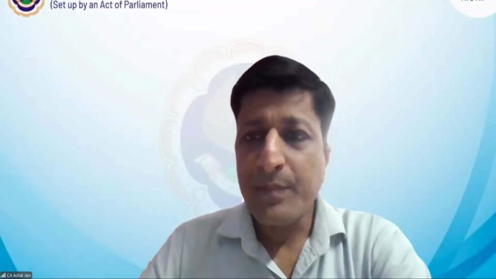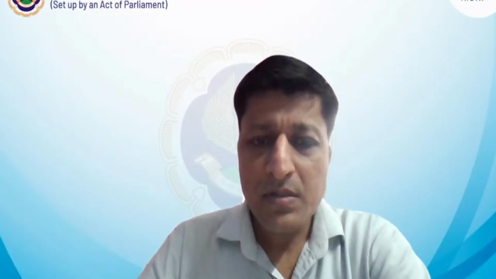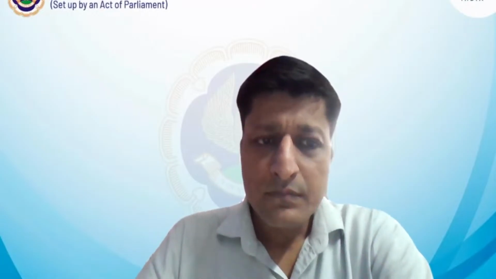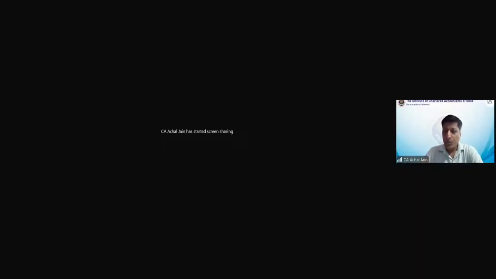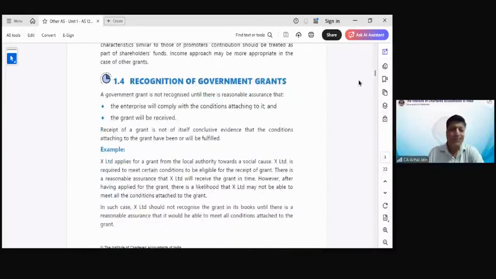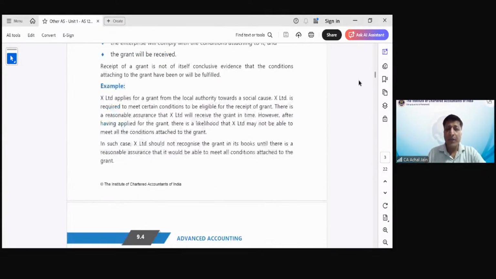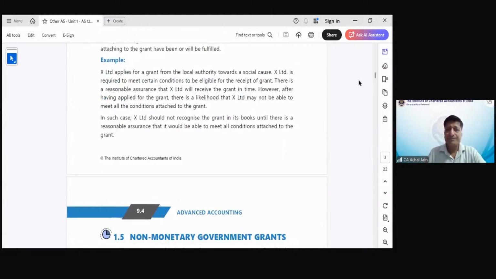So in both these cases, let's try to pick up some small examples. All right, so if we look at this example, X Limited applies for a grant from the local authority towards a social cause.